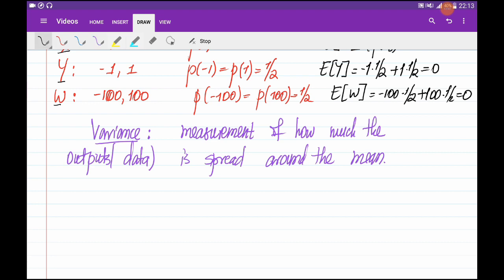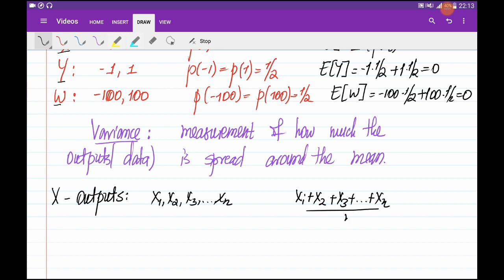Let's say I've got the outputs of the random variable x1, x2, x3, and so on, xn. We know that the expectation of this random variable would be the summation of all the outputs, x1 plus x2 plus x3 and so on plus xn, divided by n. This gives us the expectation, or as we call it, the mean, which is a constant.